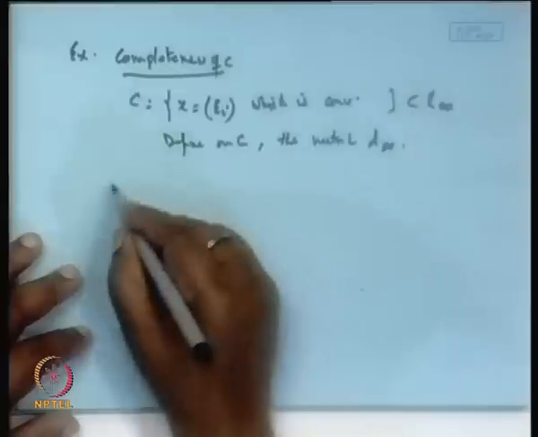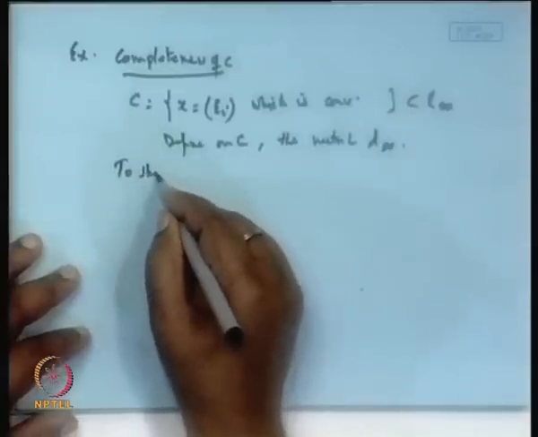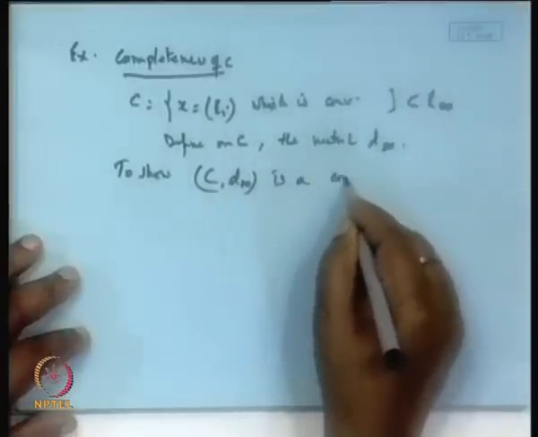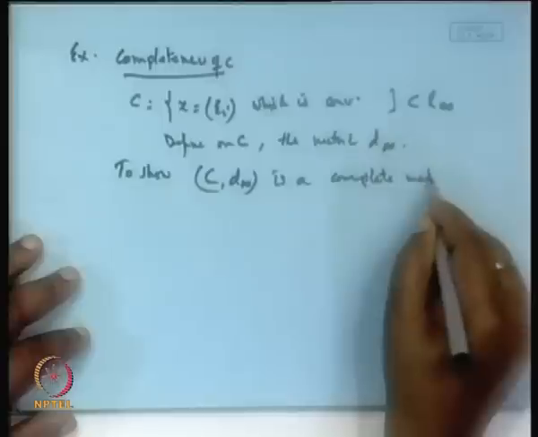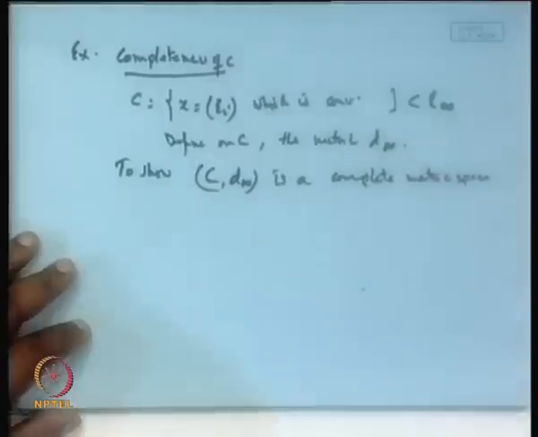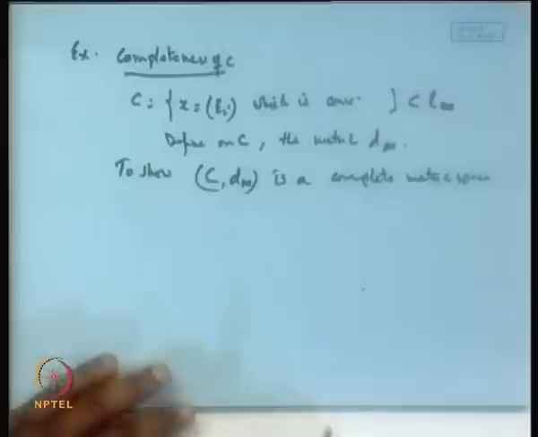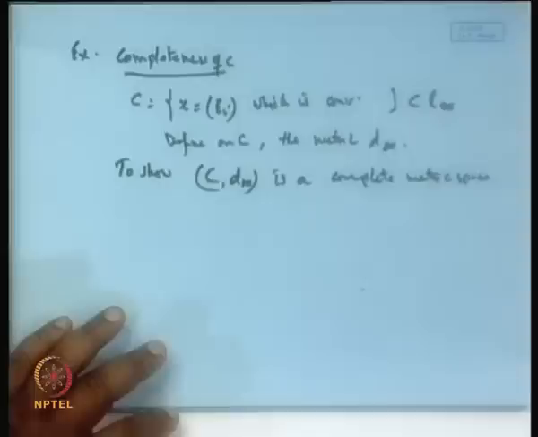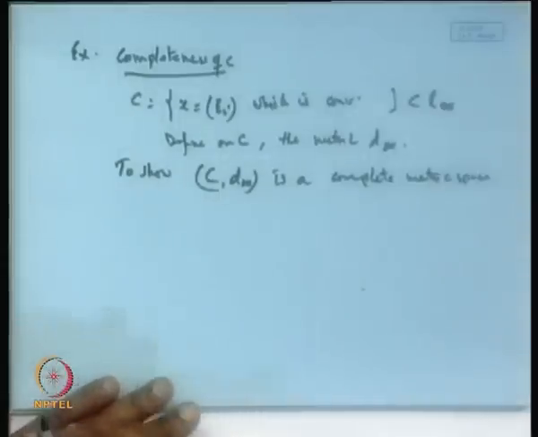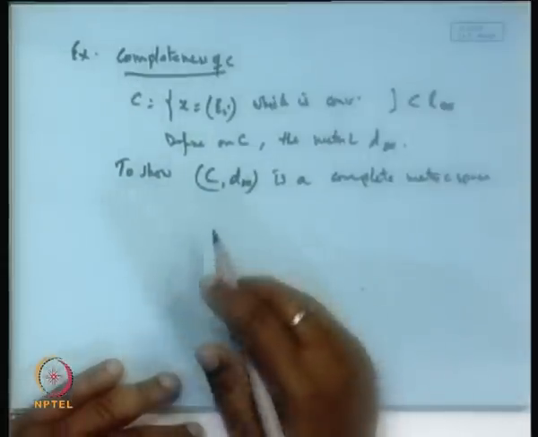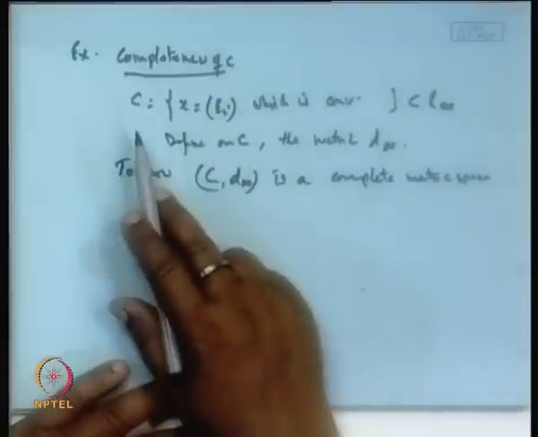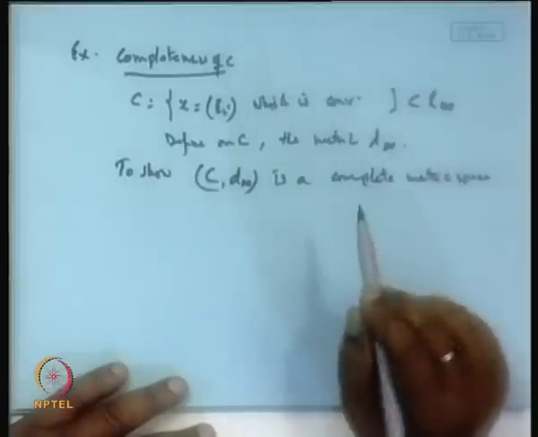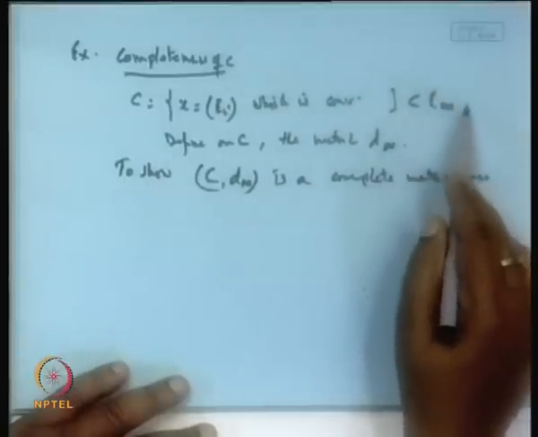Now, our aim is to show that c under this d infinity is a complete metric space. Clear? Now, here we will use a different trick, a different line of proof. The advantage in this problem is that c is a subset of L infinity, and it is known that L infinity is a complete metric space.